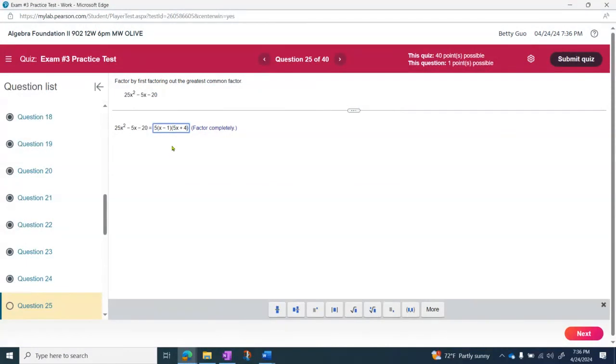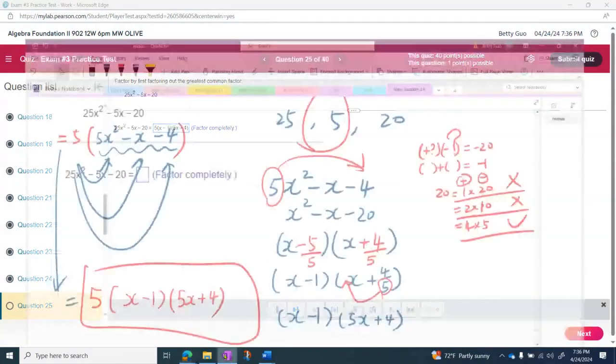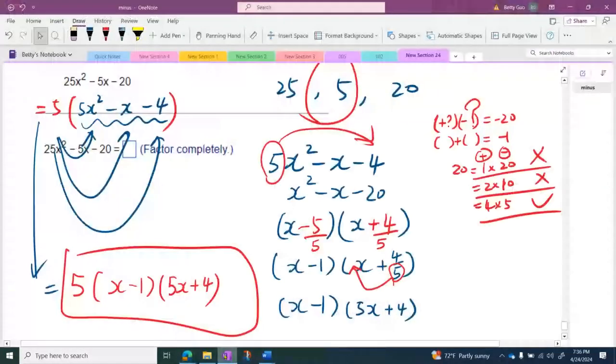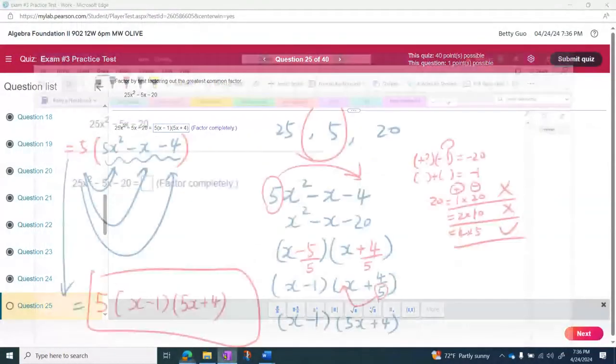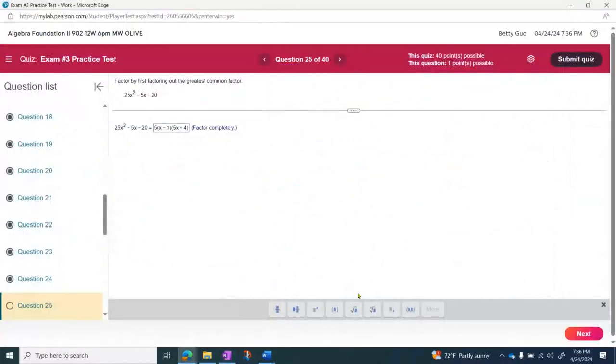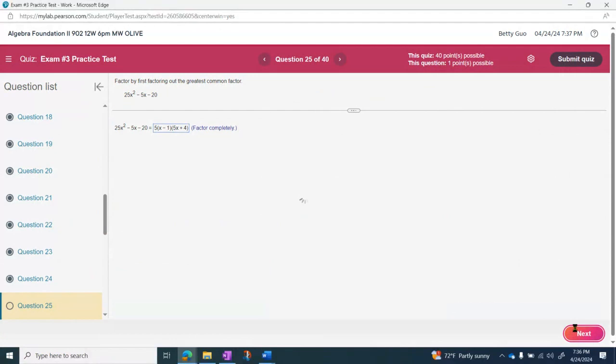Take your time to enter the answer and double check your entry is the same as whatever is on your scratch paper that you want to enter. Okay. Next.